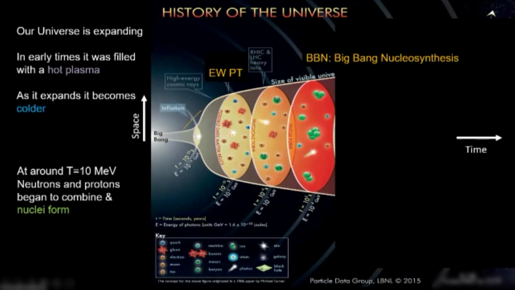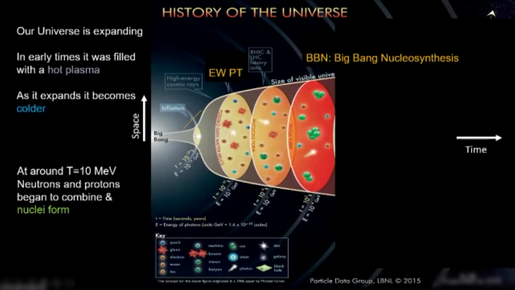Then the universe keeps cooling and cooling, and we reach about 2 minutes after the Big Bang. We reach a temperature equivalent to 10 MeV in energy. Now, 10 MeV, for those of you who remember a little bit of basic physics courses, is the binding energy of nuclei.